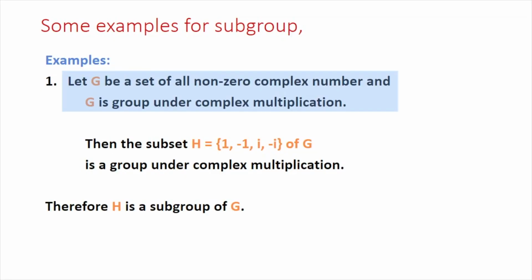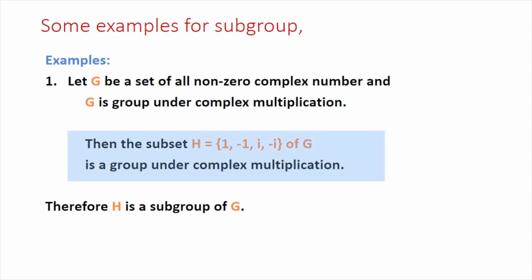Let G be the set of all non-zero complex numbers, and G is a group under complex multiplication. Then the subset H = {1, -1, i, -i} of G is a group under complex multiplication.